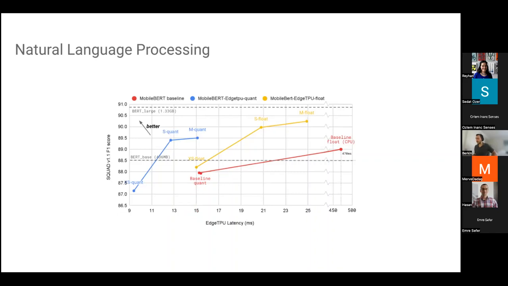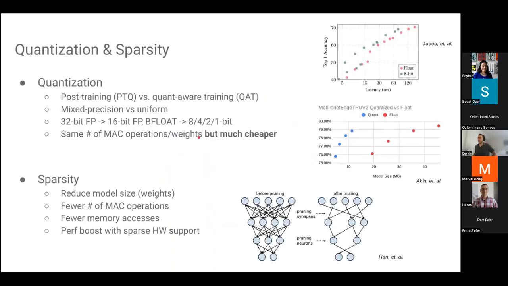But then on top of this, when we do the neural architecture search, you can actually improve that frontier. For the same exact latency, you can have an increase in your quality, right? Yeah, so I guess that is the result of the AutoML and search and designing the networks.